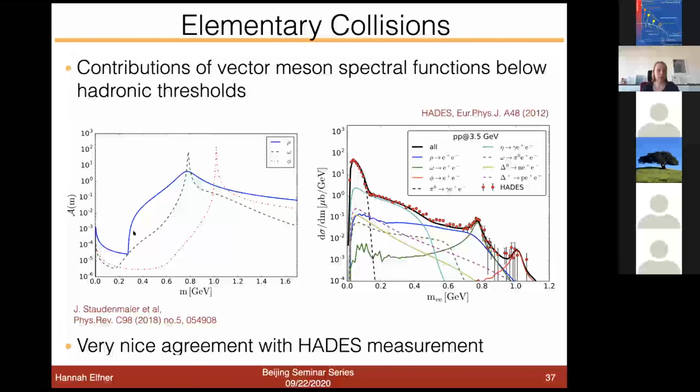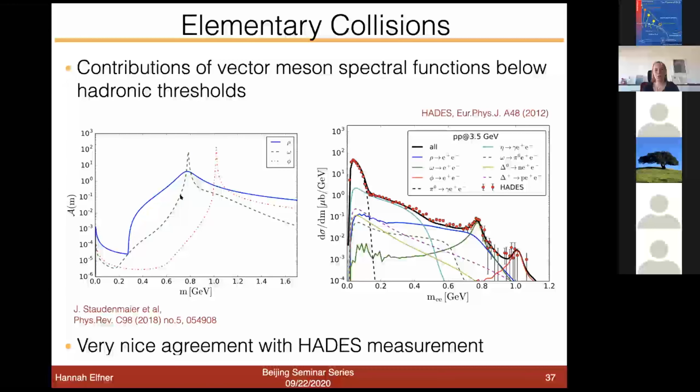We also have a width below the pion mass, so our resonances can also decay to dileptons down to the leptonic threshold and not only to the hadronic threshold. And again, here is a side-by-side comparison between the SMASH and the UrQMD results.